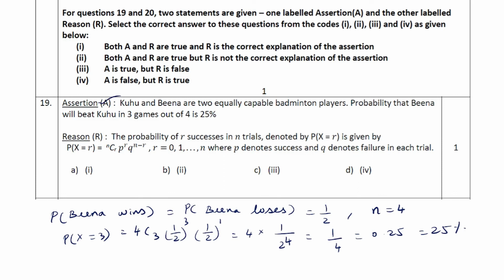Assertion is also true. Reason is also true, and this reason is the correct explanation of this assertion. We are using this formula to find whether probability that Beena will beat Kuhu in 3 games out of 4 is 25%. So both A and R are true and R is the correct explanation of the assertion. So the first subdivision is correct. So the correct option is option A.